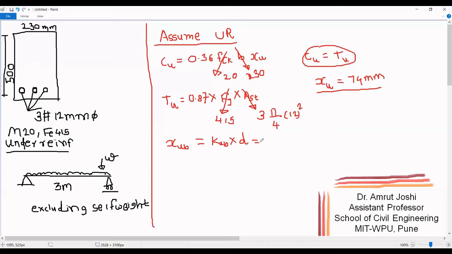So that is going to be equal to ku,b for Fe415, which is 0.48. Therefore, 0.48 times 500. This value turns out to be 240 mm.